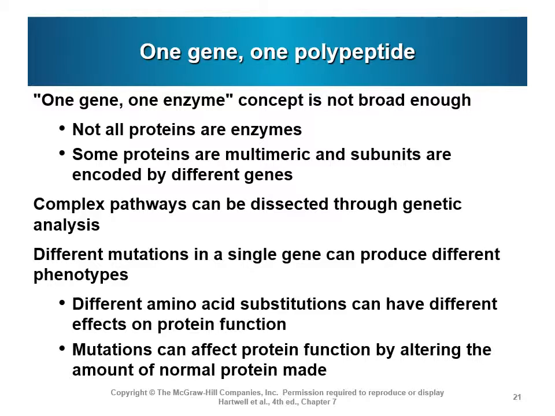Mutations can also affect protein function by altering the amount of normal protein that is made. An example of it is cancer, where, let's say, growth factors are affected and there is an uncontrolled amount of production of growth factor enzymes, and that is causing the growth of a tumor or something that is uncontrolled.